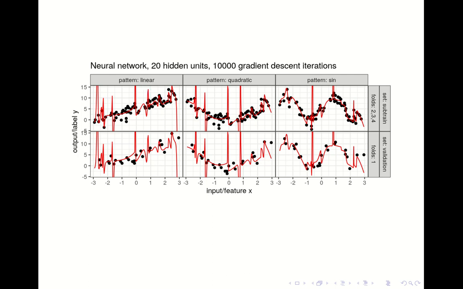And this is a bad thing because, for example, let's look at just this linear pattern over here. You can see that at the very end, for some reason or another, it's learning this function which is trying to get as close as it can to these last few data points, and then it starts to go down, and it goes down a lot. And so with respect to the validation data, that's really bad.